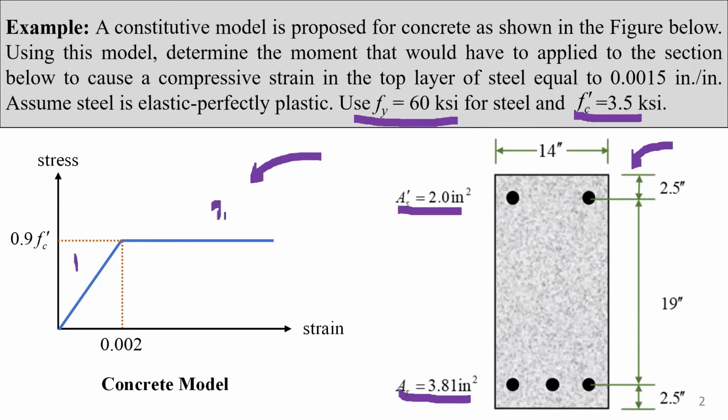The first part is when the concrete behaves in an elastic manner up to a specific point, which is 0.9 f'c in stress and 0.002 in strain. Beyond this point, the concrete behaves perfectly plastic.